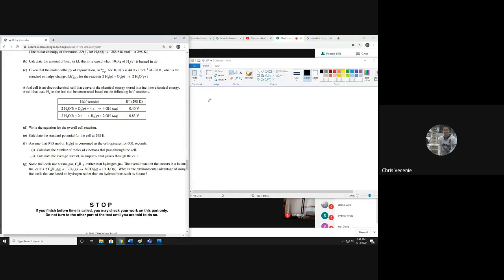So this guy here, it says we got a fuel cell, and it's an electrochemical cell that converts the energy into electrical energy. A cell that uses H2 as the fuel can be constructed based on the 2 following half reactions. And notice, these are written both as reductions.